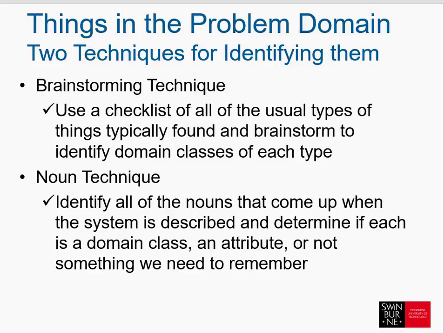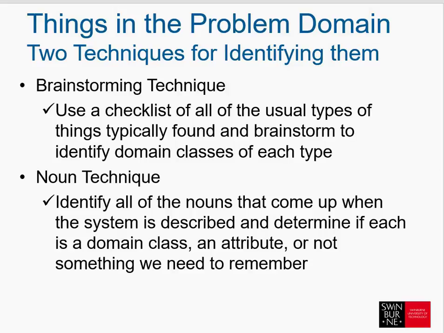The brainstorming technique is used to identify problem domain classes, or the things, where the developers work with the users to identify different types of things that they use in their day-to-day work.